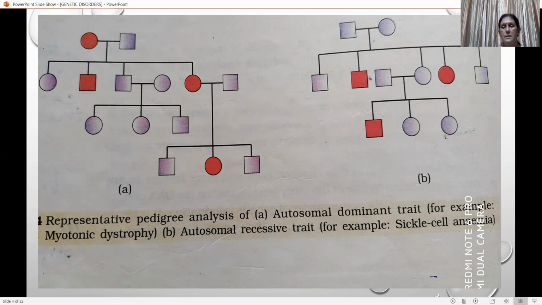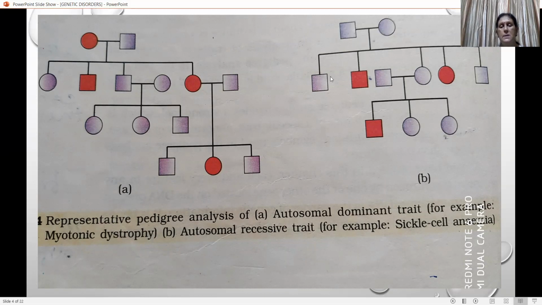In the next, you see the B type. Here male and female are normal, but someone is a carrier, which is not expressed in the parents' body.